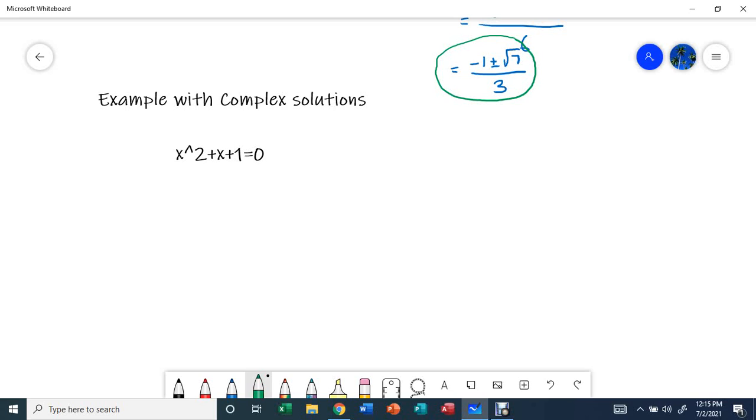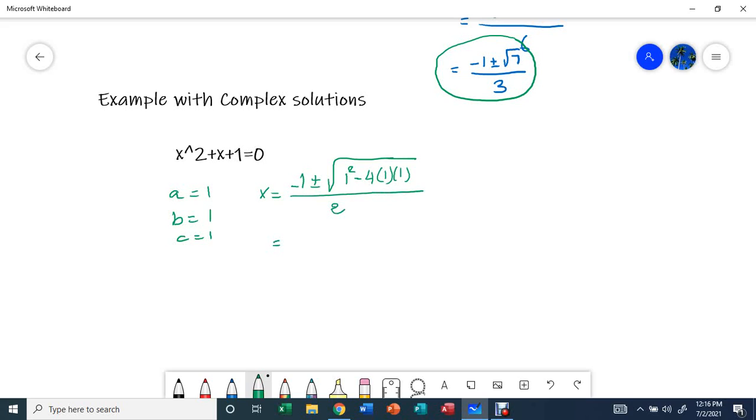So here a is 1, b is 1, and c is 1. So x equals negative b, which is negative 1, plus or minus the square root of b squared, so it's 1 squared, minus 4 times ac, so times 1 times 1, the whole thing divided by 2a, so 2 times 1 is 2.